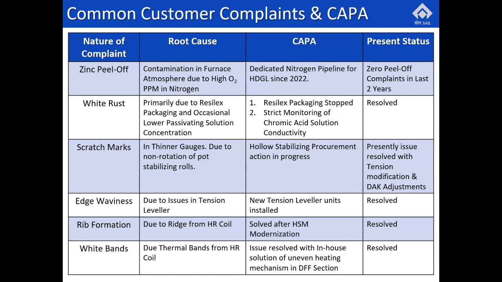So in an aesthetic sense, the material would not look very good. We have solved this uneven thermal band issue with an uneven heating mechanism, which we have developed in-house. So this problem is resolved now, and we are making more and more efforts to ensure that our customers are well informed about what is white rust, what are white bands, and what is the difference.